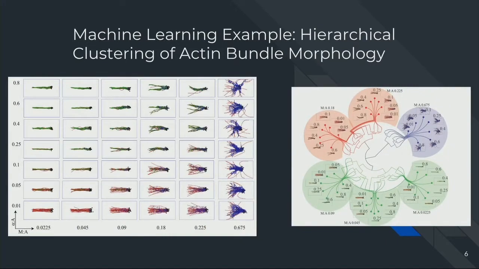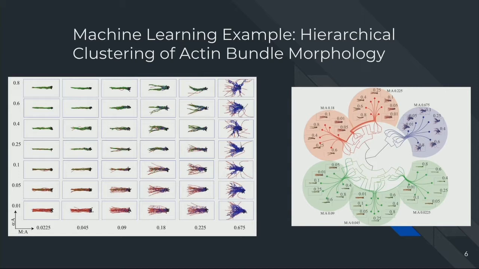This is another example of machine learning that actually comes from our lab. My lab mate, Ervin, made this figure. This is another example of unsupervised learning. Basically, he looked at the morphology of these actin bundles under different concentrations of myosin motors and cross-linkers. Moving across to the right, we have increasing myosin, and going up we have increasing cross-linkers. You can see there's a wide variability of these resulting morphologies.